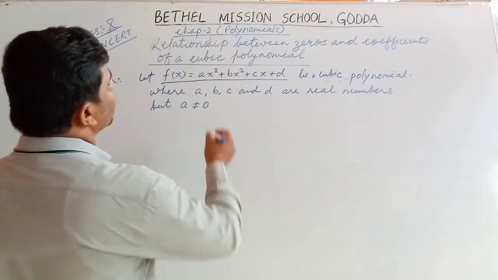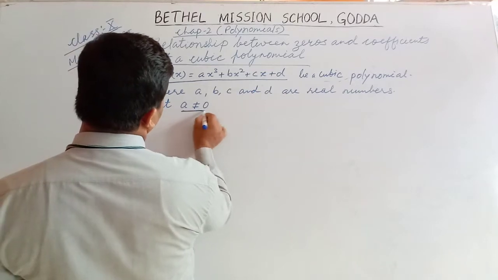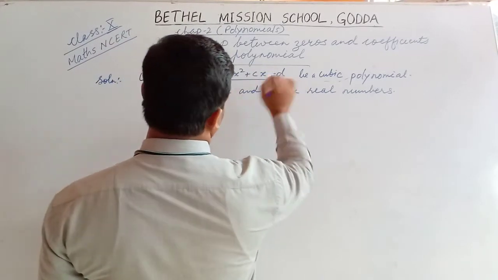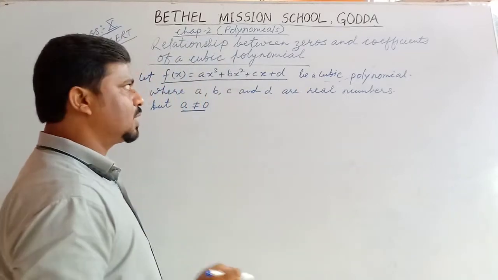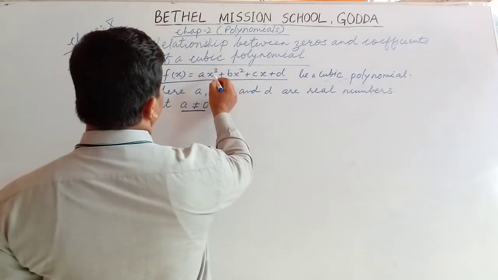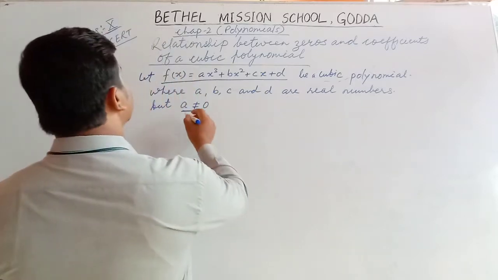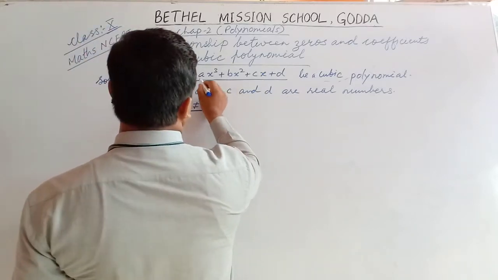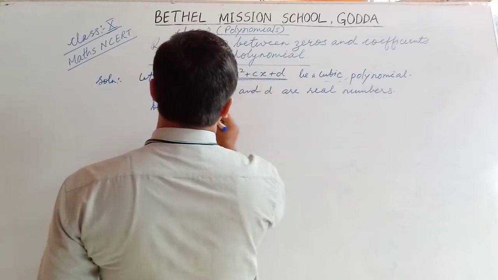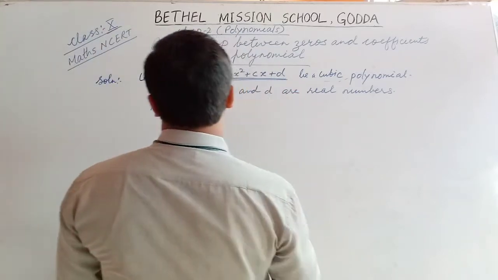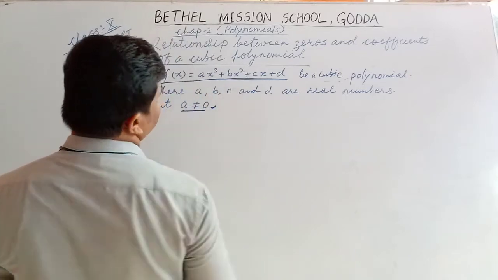It means a should not be equal to 0. b can be 0, c can be 0, d can be 0. After all, we will get ax cube, and ax cube is a cubic polynomial. So for a cubic polynomial ax cube plus bx square plus cx plus d, a should not be equal to 0.